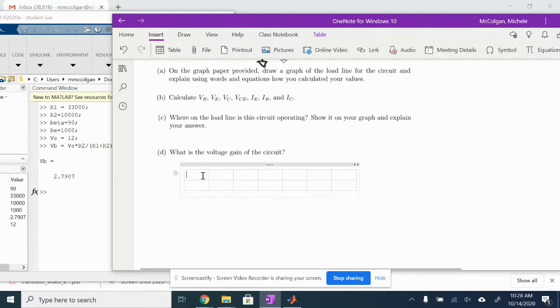This is VB, VE, VC, and VEC, because I'm going from the emitter to the collector, and then IE, IB, and IC. Okay, so right now I've got 2.8 volts.